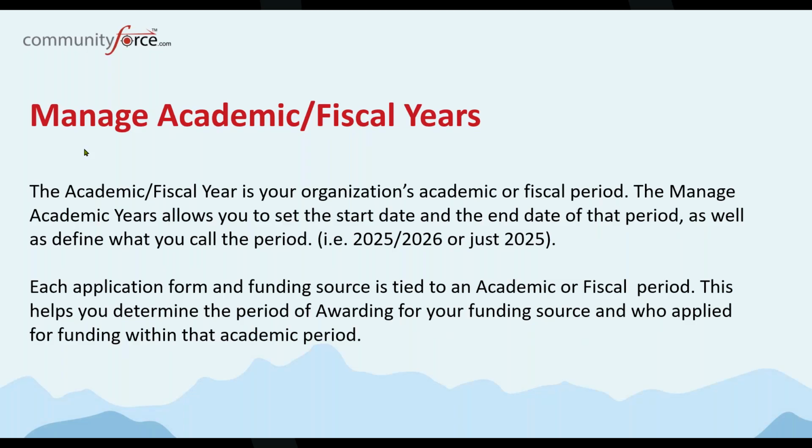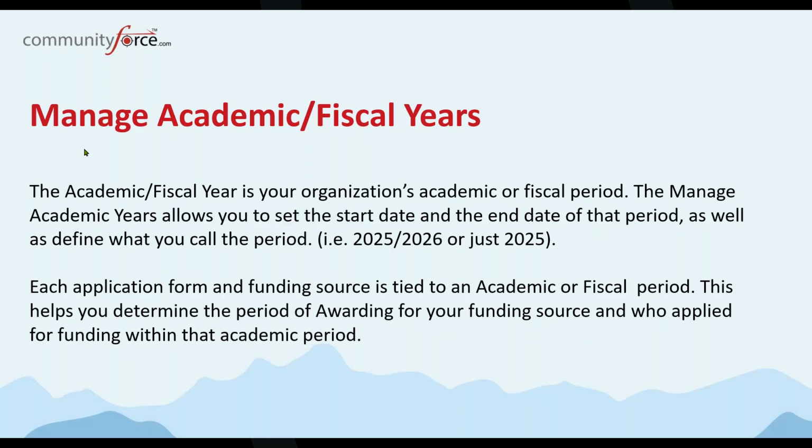On the application form, what's the academic period that the awards for this application are going to be awarded. Not the period that you're taking the application in, but the period that you're going to be awarding. What's that fiscal period on your bookkeeping that you're going to be awarding your applicants?